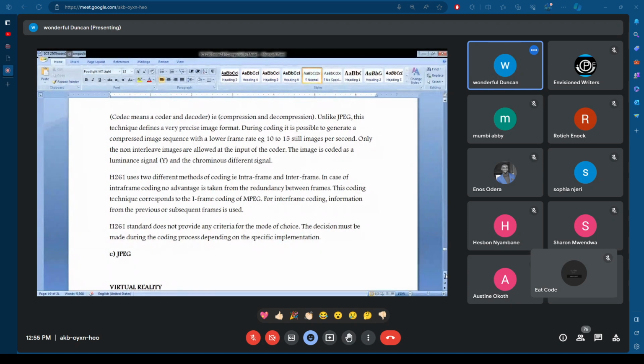The H261 standard does not provide any criteria for the mode of choice.